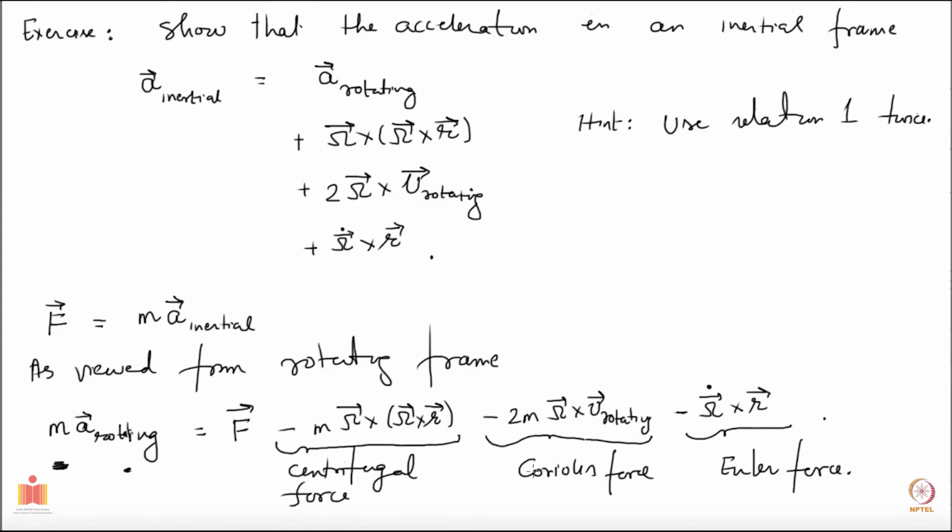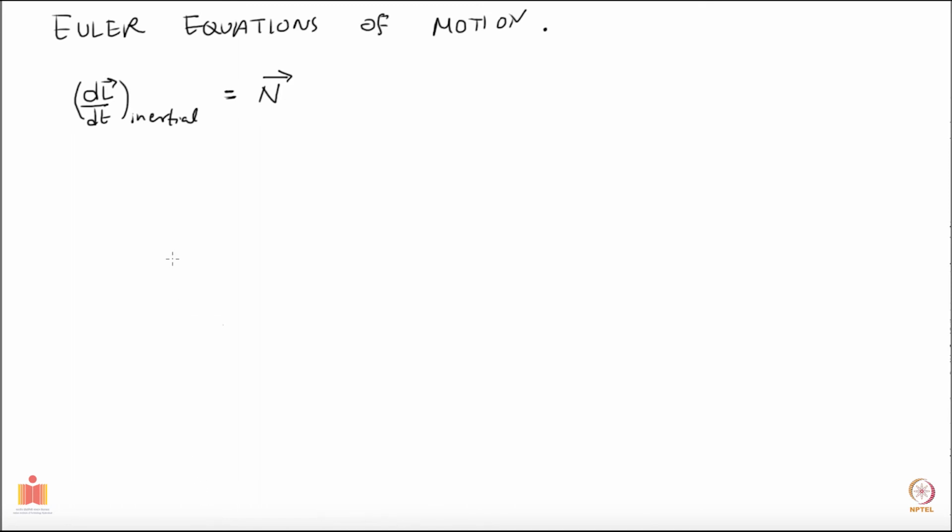So I will write it as N or dL over dt calculated in the body frame plus omega cross L. This will be equal to the torque.